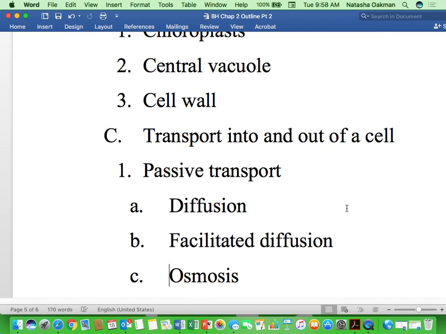The third type of passive transport is osmosis. Osmosis deals solely with the movement of water across the membrane.